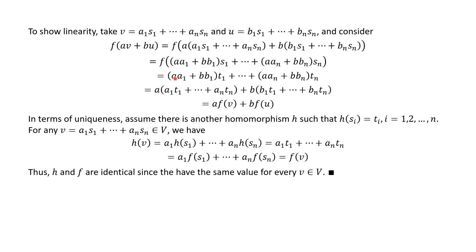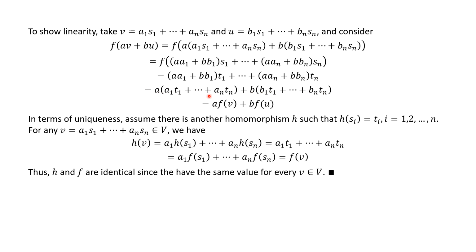Then going from this line to this line, we make use of the definition of our function f. So we have this output, and then we collect all the terms that have an a and an a sub i, and all the terms of the b and the b sub i's together.